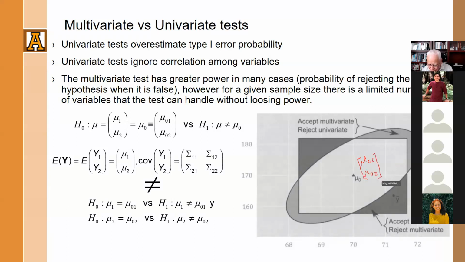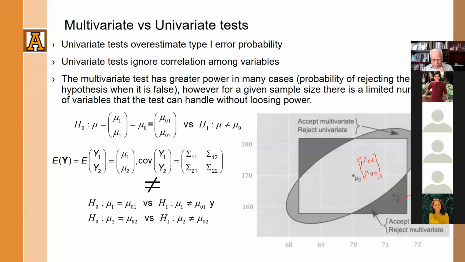That's the mean vector under the null hypothesis. And this y bar here is y bar 1, y bar 2. That's my vector of observed means.